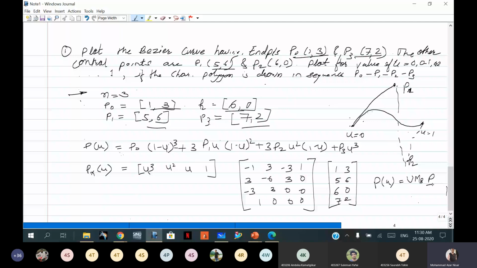Okay, this software has some issue. Then multiply using the same matrix method we solved in the previous transformation also. That is a row into column multiplication you have to do for x and for y. At first you have to multiply this row into column. I will rewrite that again: u cube, u square, u and 1.